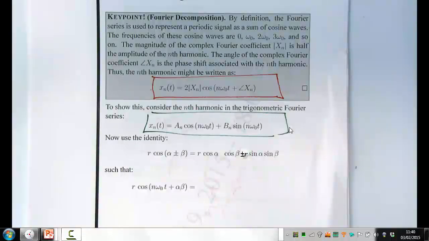So you work out your complex Fourier coefficient x of n, take the magnitude, take the phase, and you recombine it into that equation in the red box. So the physical interpretation is exactly that formula there. Right, so how do we get between those two?